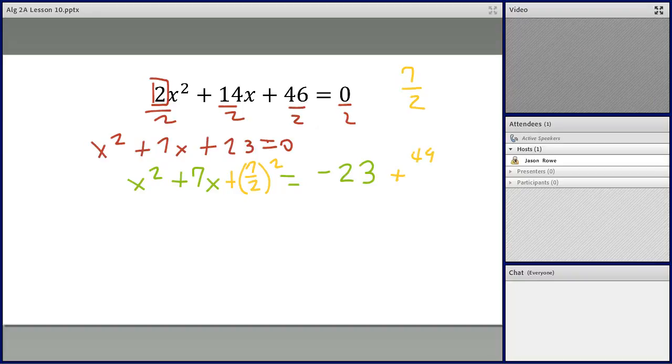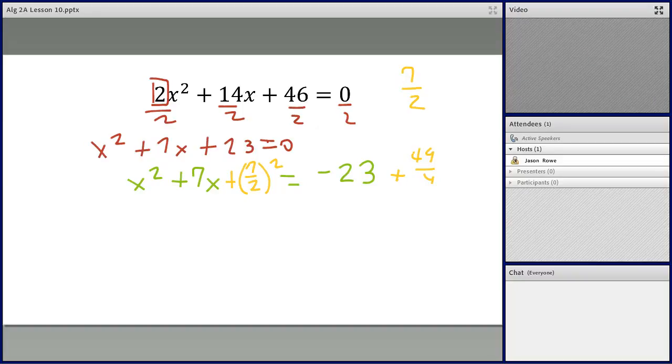So that's going to be 49 over 4. And how am I going to do that? Well, I'm going to make 23 into a fraction over 4. So 23 times 4 is 92.